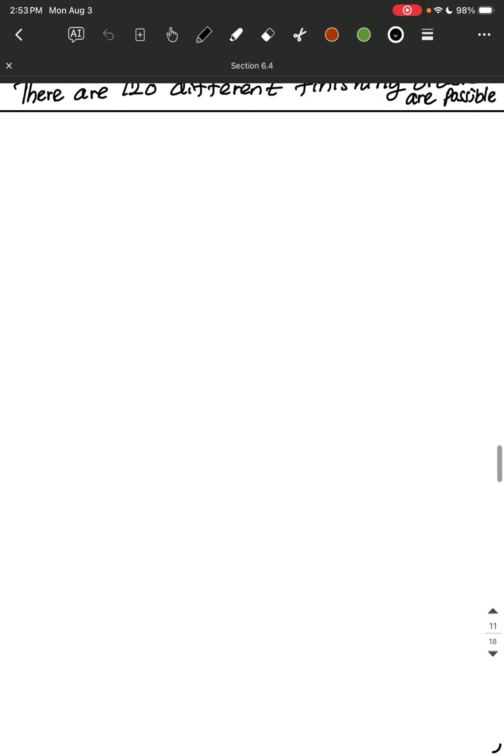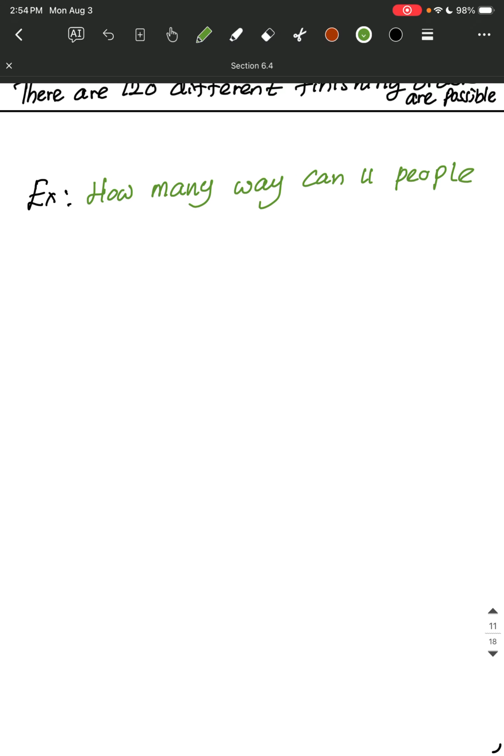Example: how many ways can 11 people be seated in 11 seats? Every person is being arranged, therefore 11 factorial.